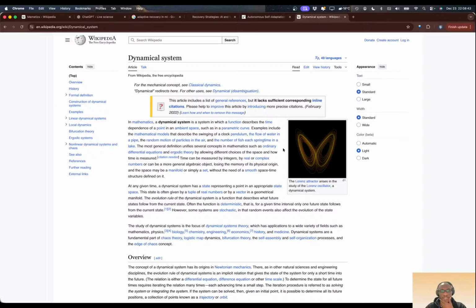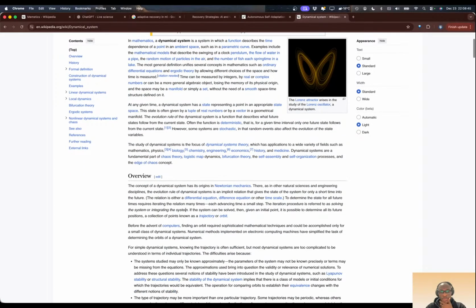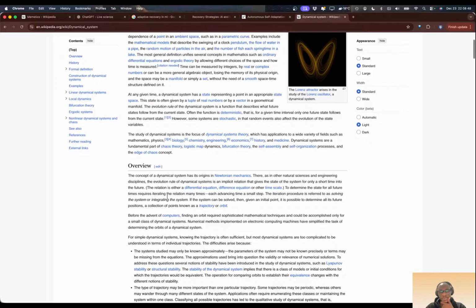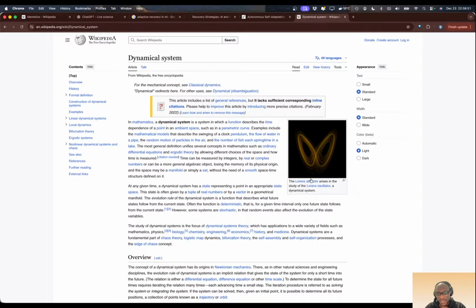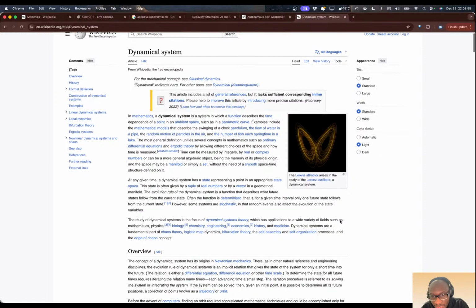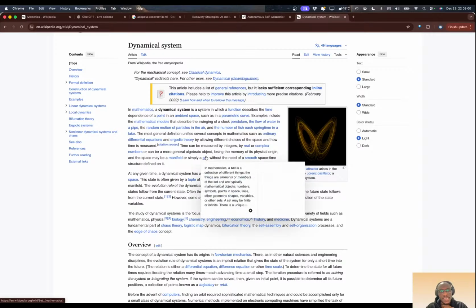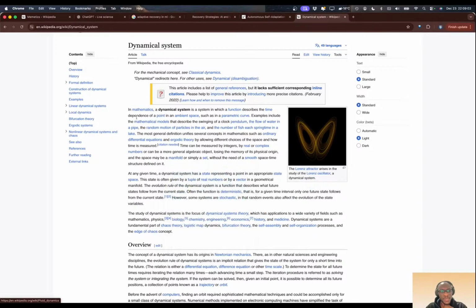In physics we also have the Lorenz attractor, which arises in the study of oscillators. A dynamical system is a system in which a function describes the time dependence of a point in an ambient space, such as a parametric curve.